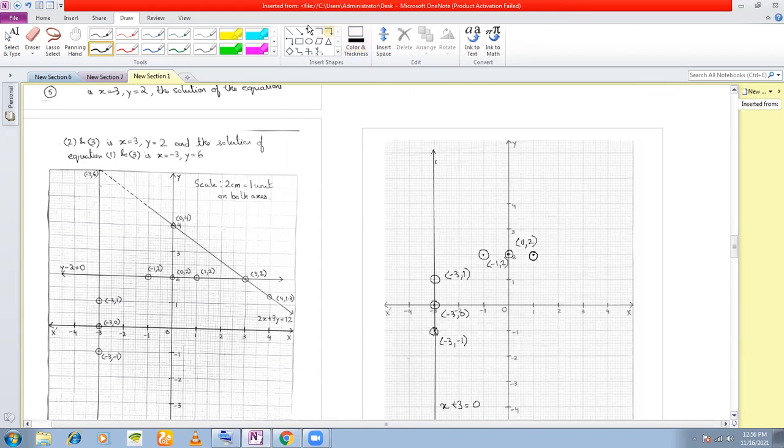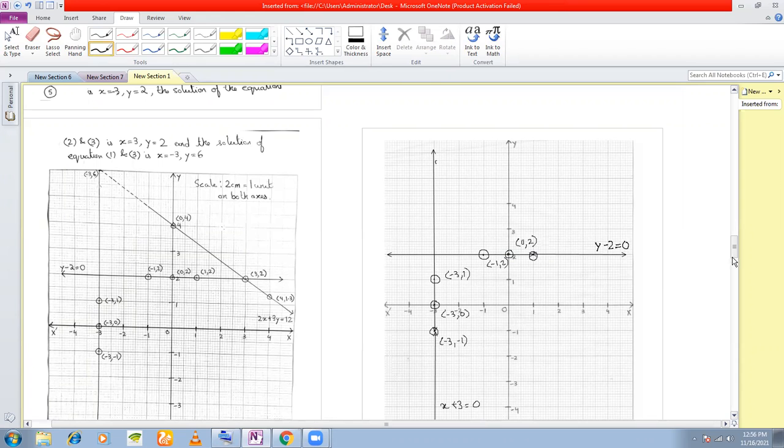Right? Now we join all these 3 points with the help of a scale and obviously a sharpened pencil. We join this with a straight line, and this is your line y minus 2 is equal to 0.